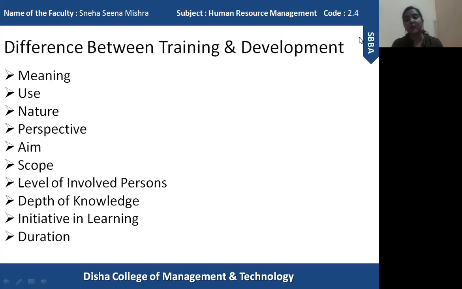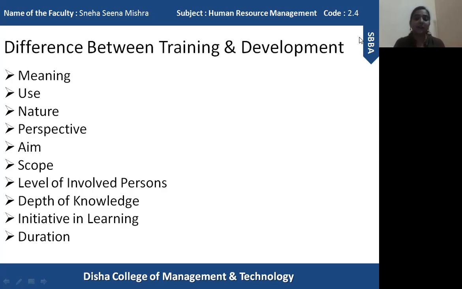It includes education, it includes imparting knowledge within the employees. It also includes different kinds of development programs and other things. So it includes training, education and development, where training is an important part of development. So training has a narrow scope and development has a wider scope.